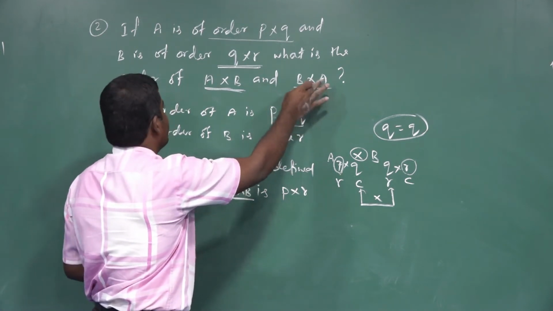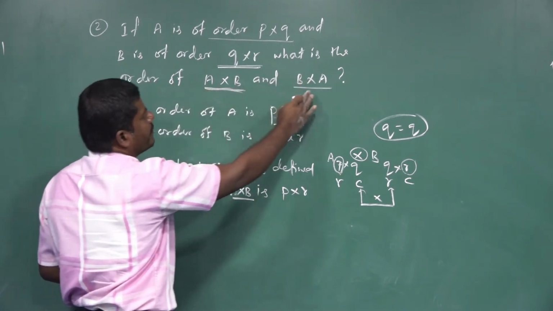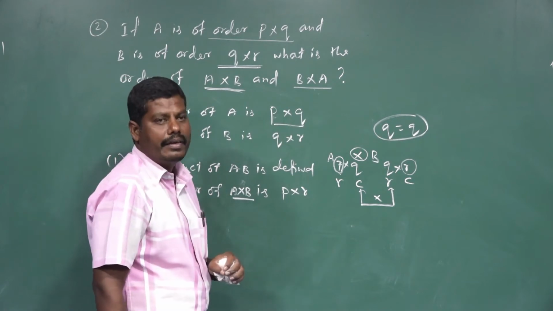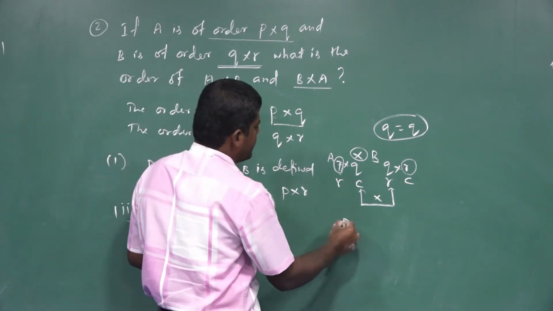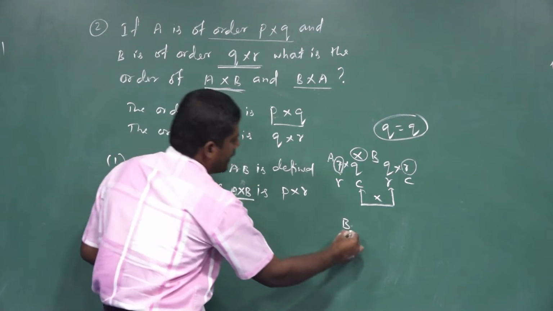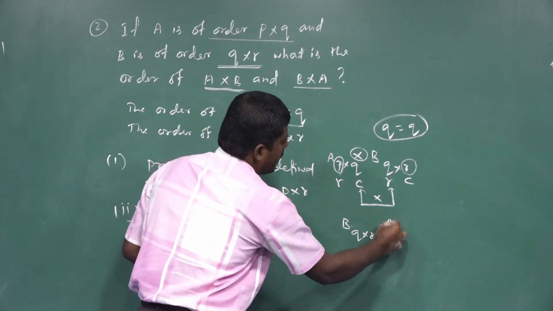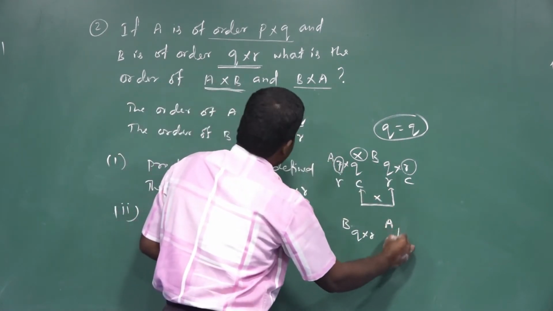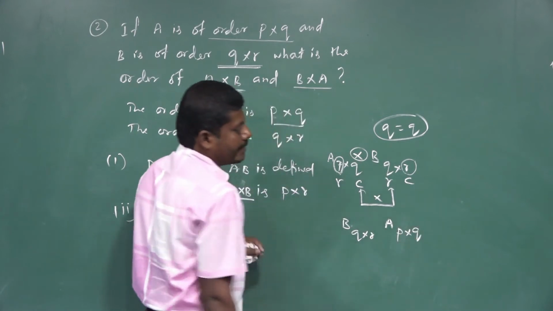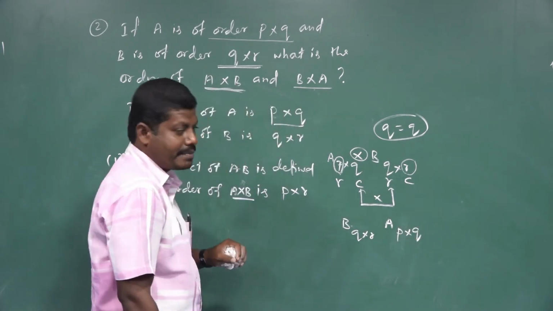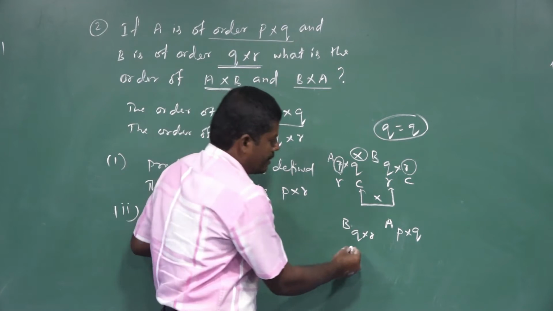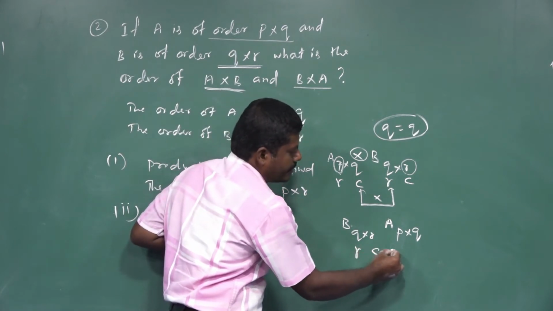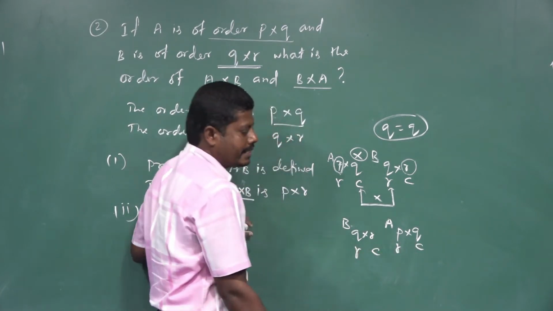B cross A. Next you want to find out what is the order of B multiply A. So B is in the order Q by R and A matrix order P by Q. Understand? Now check whether multiplication is possible or not. This is row, this is column, this is row, this is column. Understand?